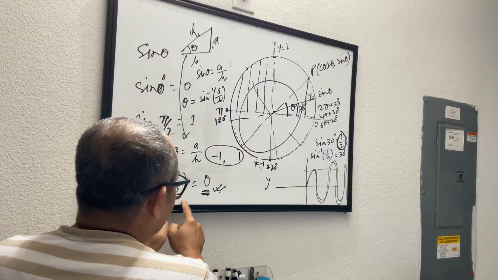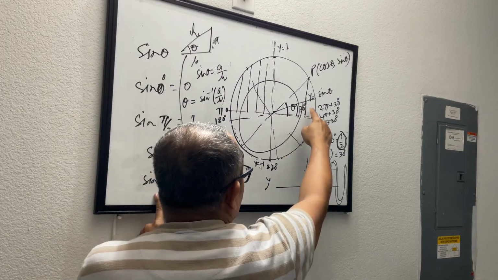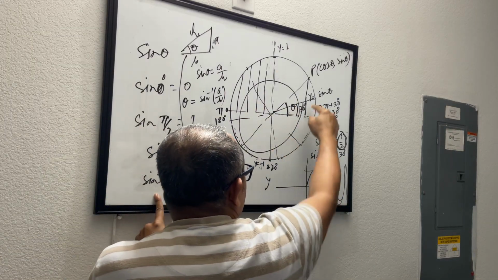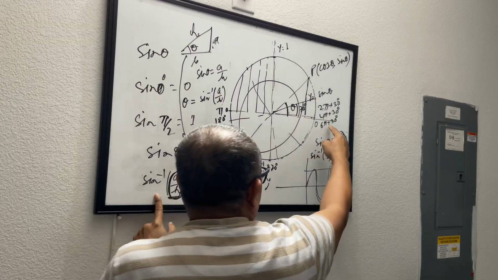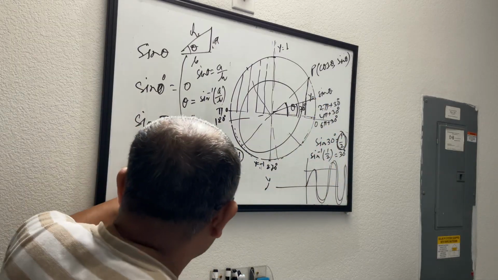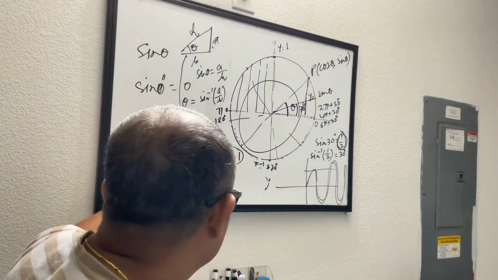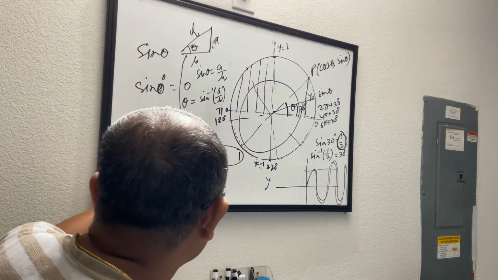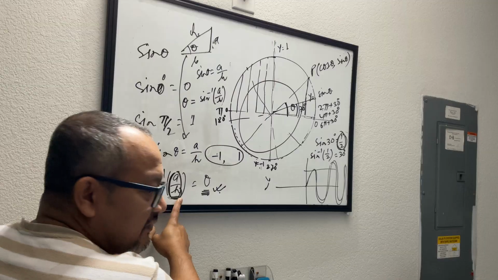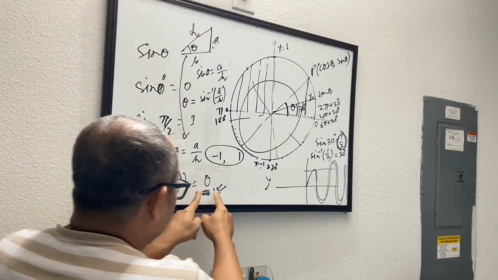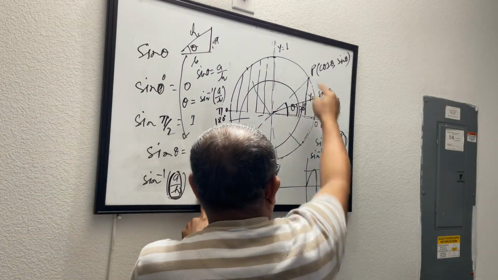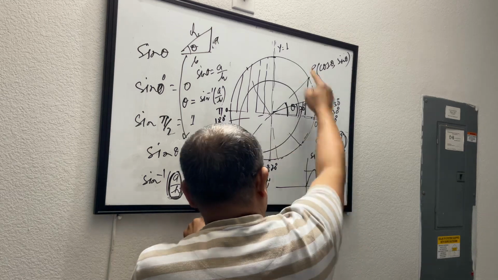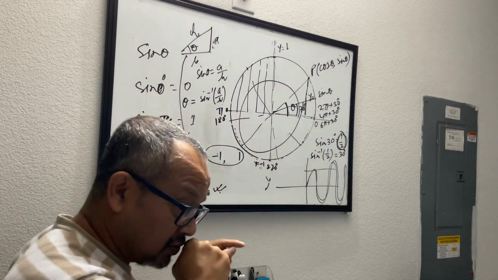When we are looking at the inverse function, we have to be very clear, because every one rotation gets you to the same place. Hence, for a given value of sine theta for which you are trying to do the inverse and find the angle, if you just go by the basic definition of inverse functions, you will get multiple angles: theta, 2 pi plus theta, 4 pi plus theta, 6 pi plus theta, and so on and so forth.